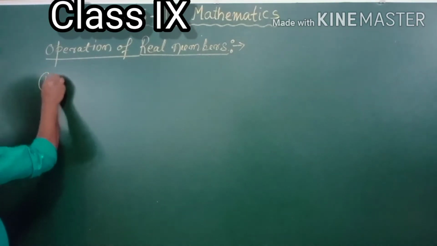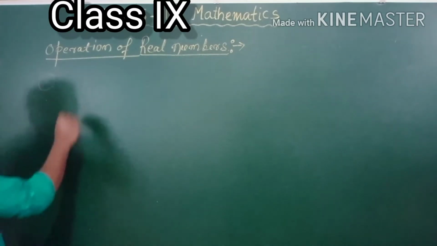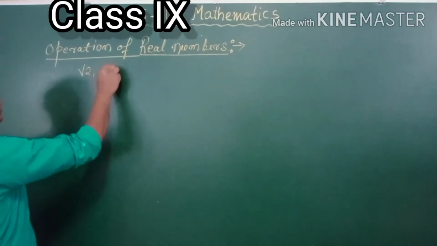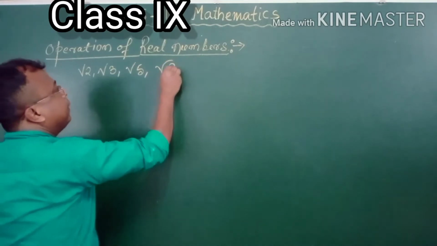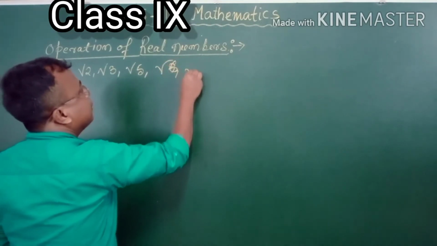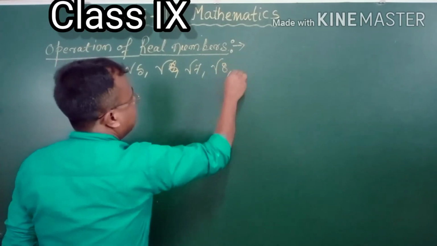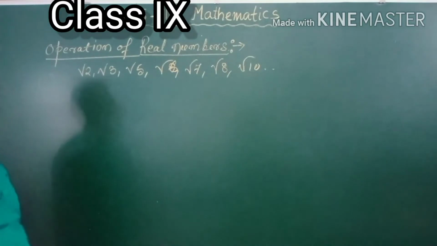You already know root 2, root 3, root 5, root 7, root 6, root 7, root 8, root 10. These are all irrational numbers.